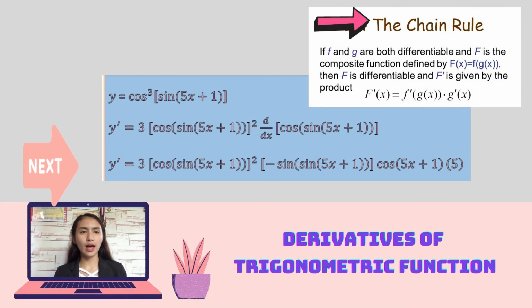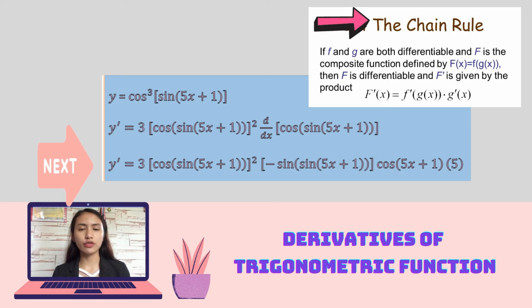So we have y prime equals, copy the equation, 3 cosine sine 5x plus 1 raised to 2, and the derivative of cosine sine 5x plus 1 is negative sine of sine 5x plus 1. And the derivative of the inside is cosine 5x plus 1.